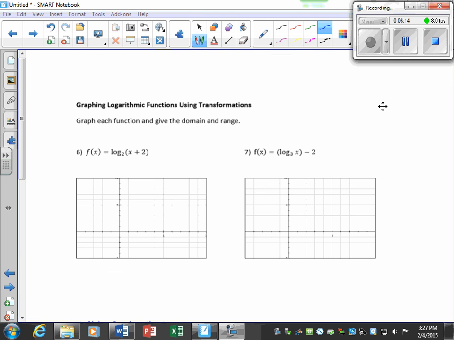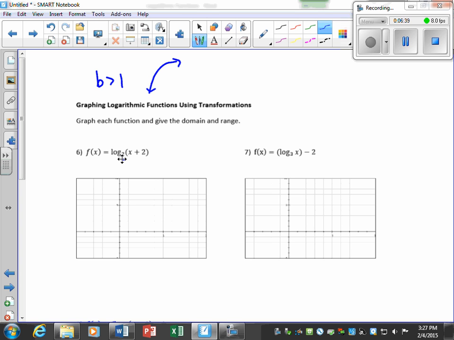Another thing we can do is use our transformations when we're graphing logarithms and logarithmic functions. So it says graph each function and give the domain and range. So first of all, my b is 2, so that means b is greater than 1. I automatically know it's going to have this shape.